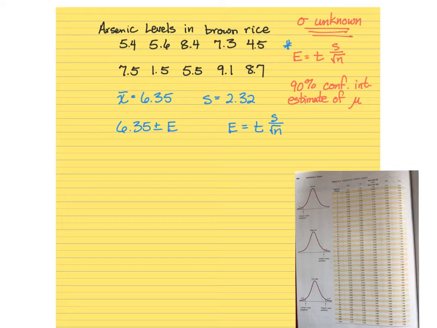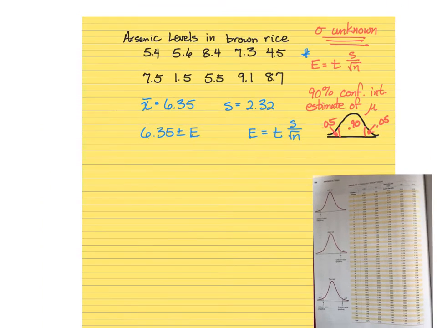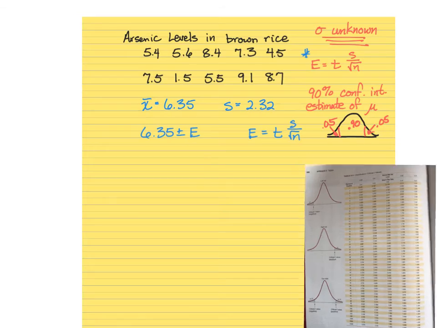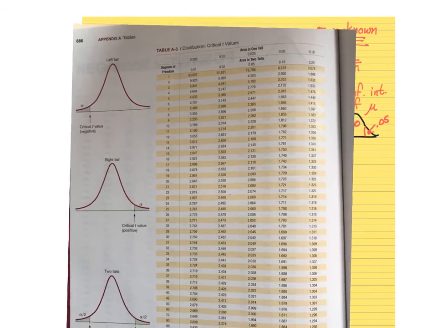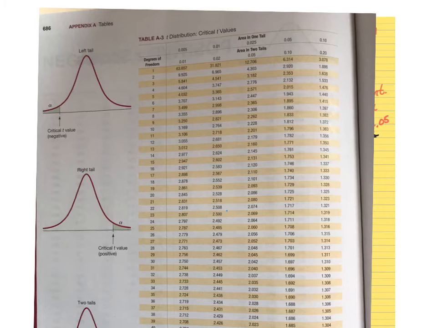We're looking at a distribution here. We've got two boundaries. Since it's 90%, the middle area is 0.9, and that means the area in each tail is 0.05 and 0.05. The area in one tail is 0.05. So we're looking in our table and we're going to grab area as 0.05. So we're using that column right there.